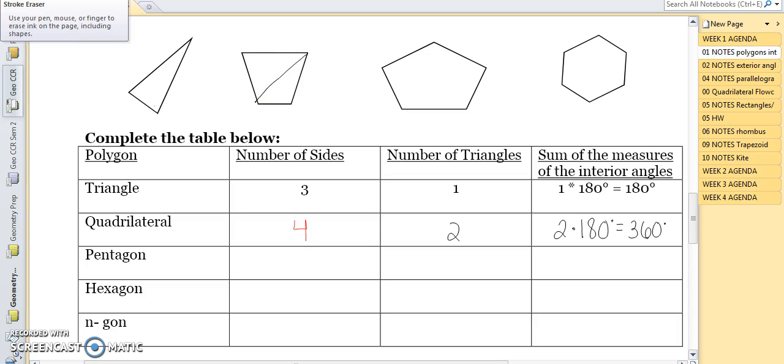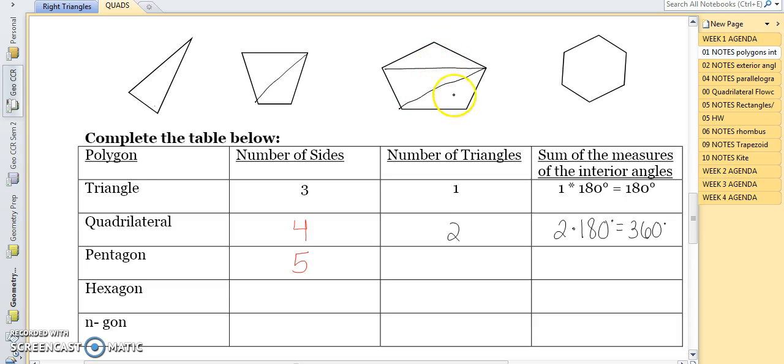Okay, let's give a pentagon a try. So pentagon, we know already that there are 5 sides. I'm going to create some diagonals to figure out the number of triangles within this figure. So here is one diagonal, creating a triangle on the top. Here are 2 diagonals.